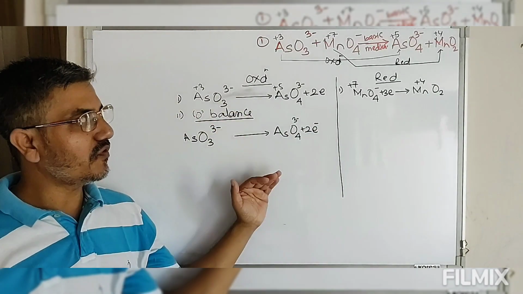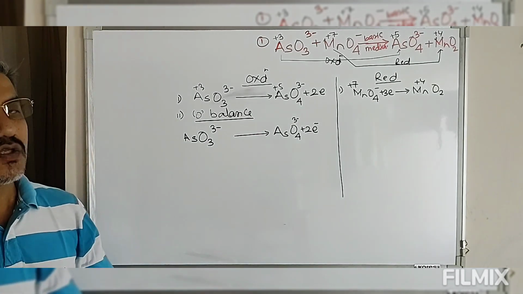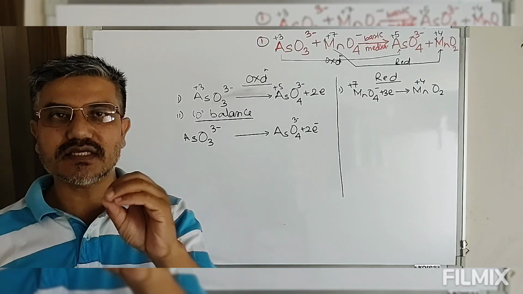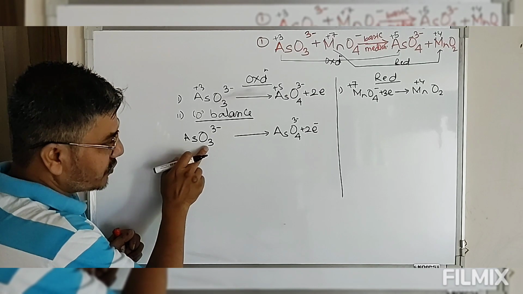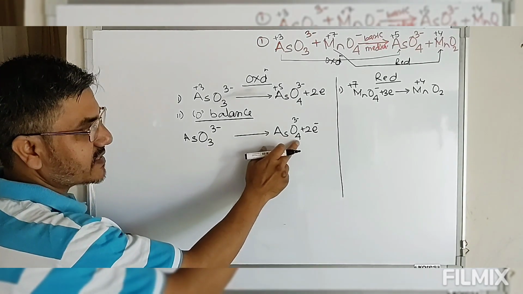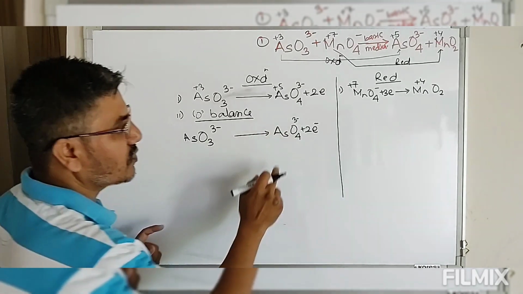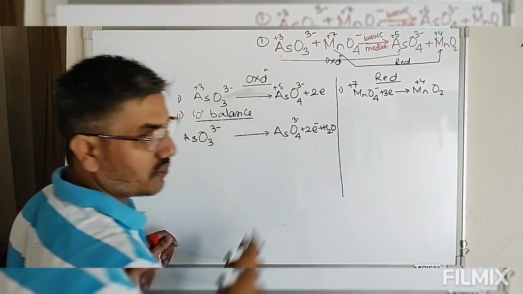For balancing of oxygen in basic medium, the rule says to the side having excess of oxygen, add the same number of water molecules. We have 3 oxygen on the left side, 4 oxygen on the right-hand side. So there is an excess of 1 oxygen. To the side having excess of oxygen, we add the same number of water molecules.